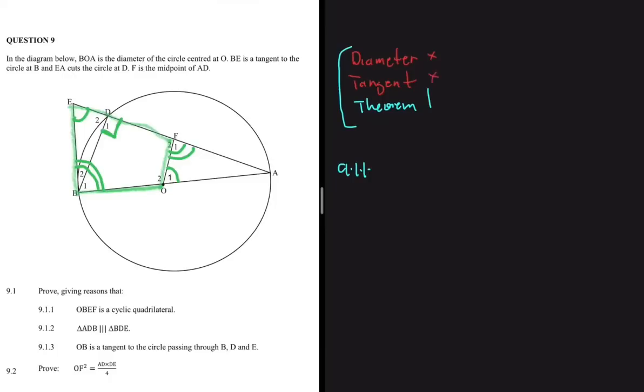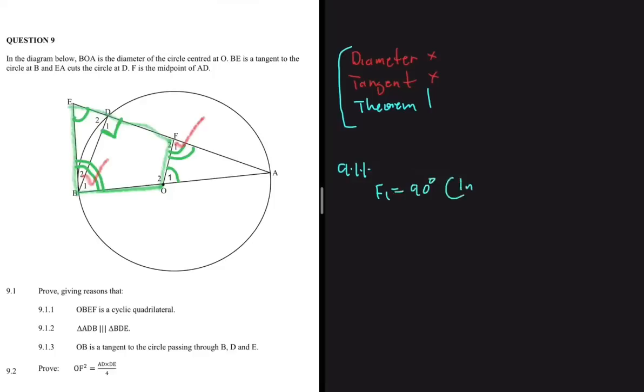Let's look at theorem 1, right? So by theorem 1, we have already said that this angle F1 here is 90 degrees, right? We know that F1 is supposed to be equal to this angle B here, right? So now let's just say that F1 is equal to 90 degrees. Why are we saying so?